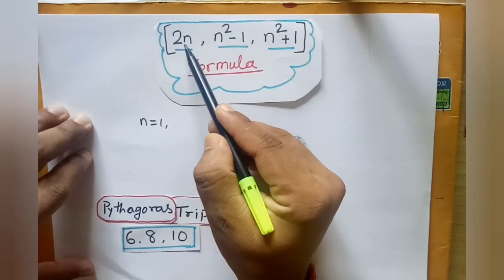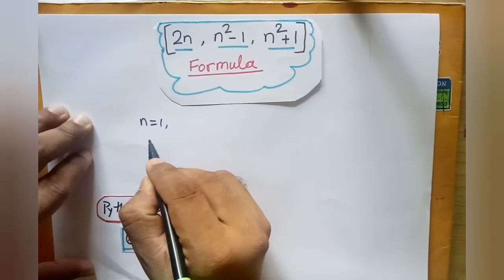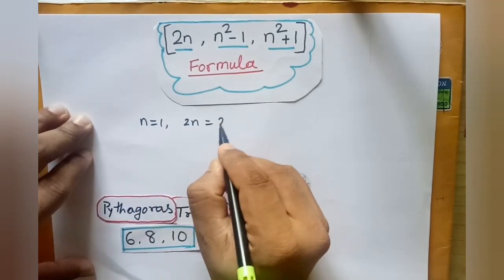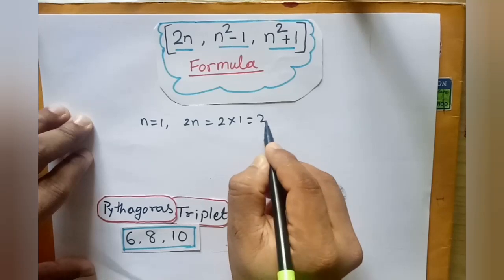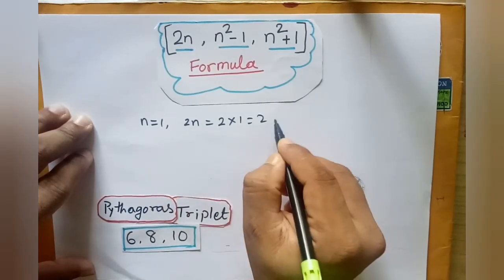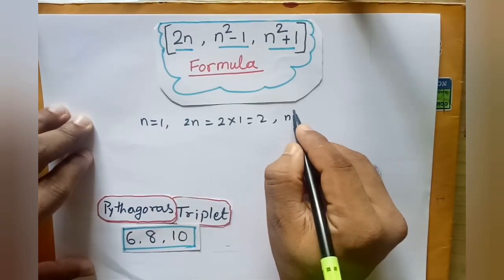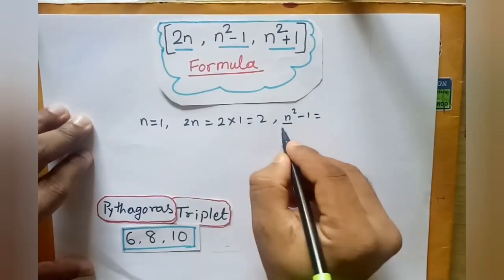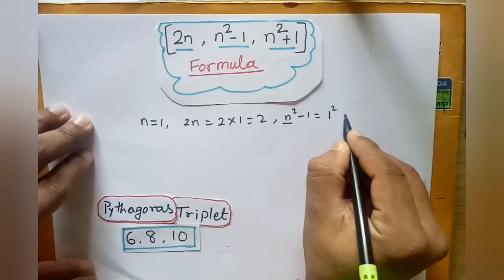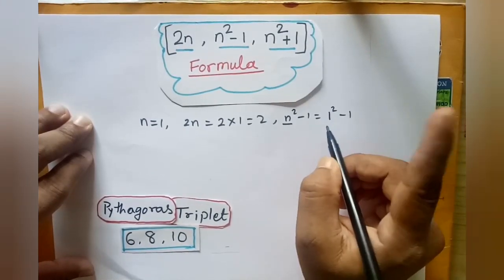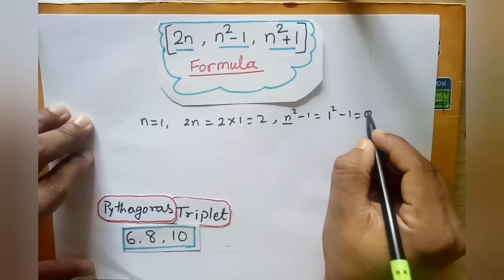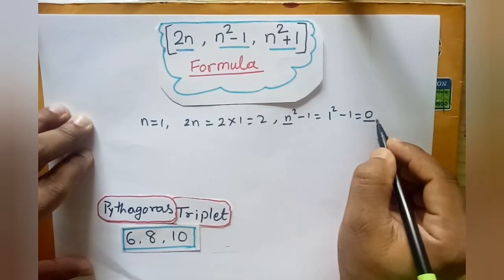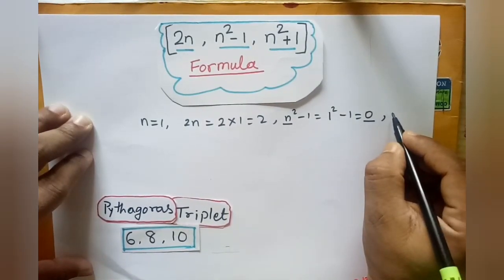If you multiply 2 by n, that is the first formula, 2n, and you substitute the value 1, you get 2 into 1, the answer is 2. And for the second one, we have n squared minus 1. Now if you take the n value as 1, 1 squared minus 1, but we know the square of 1 is 1 only, so 1 minus 1 you get 0.